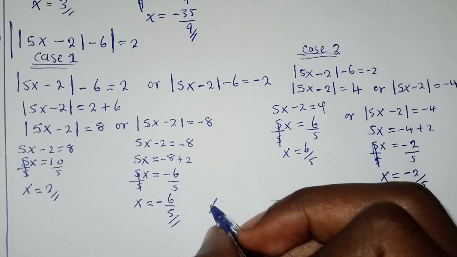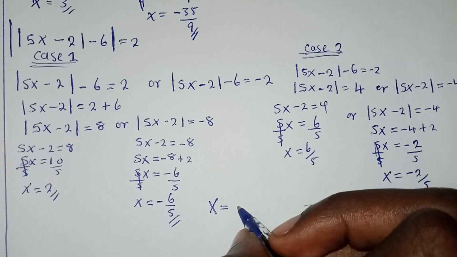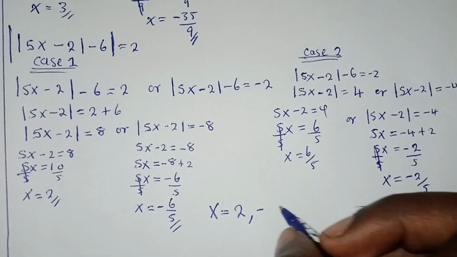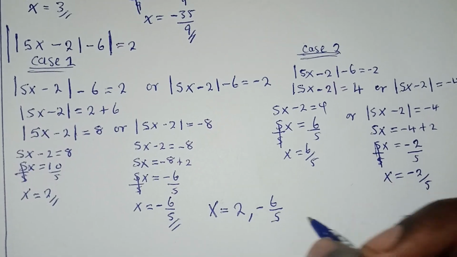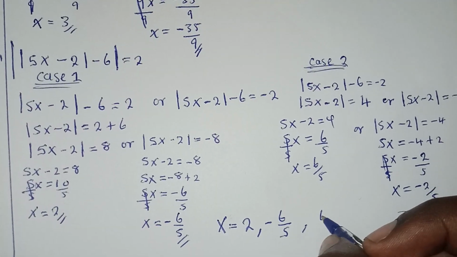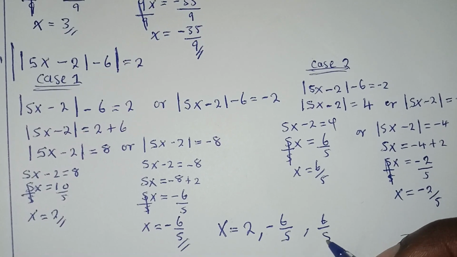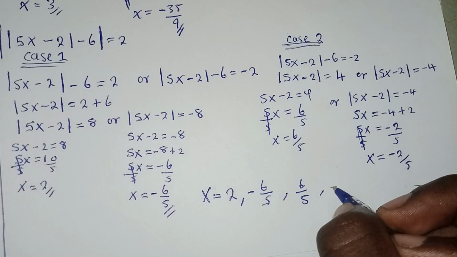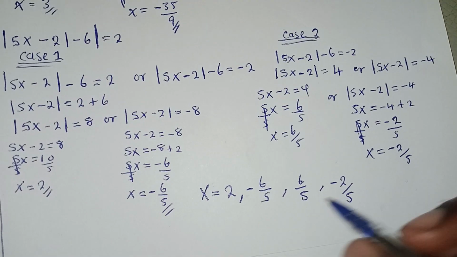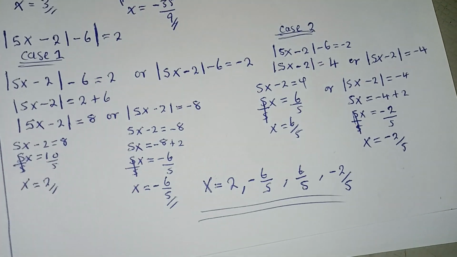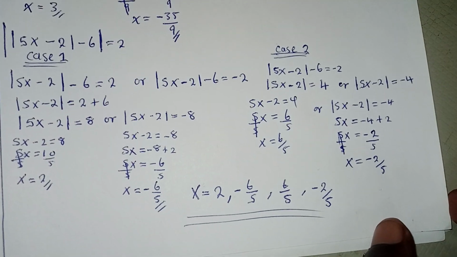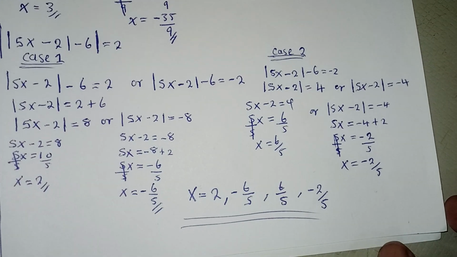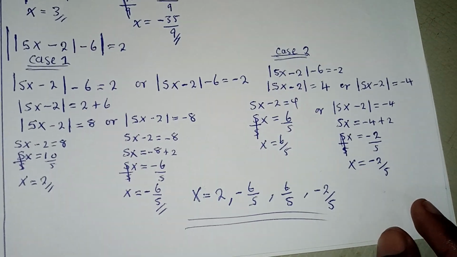Therefore, our answer is x is equal to 2, negative 6 over 5, 6 over 5, negative 2 over 5. These are the x values that you will find when you solve this question.